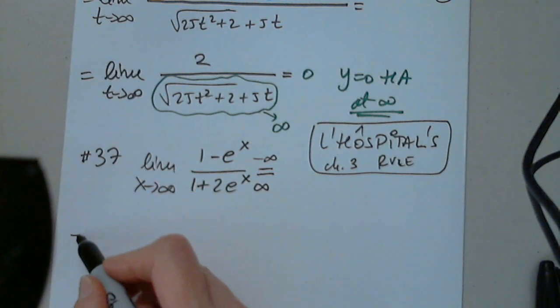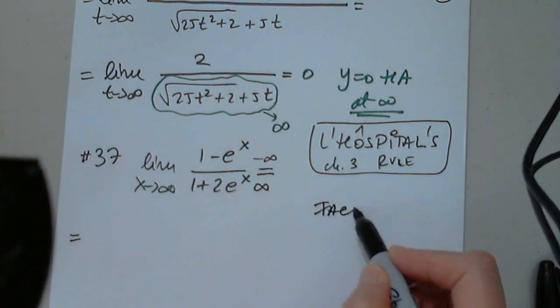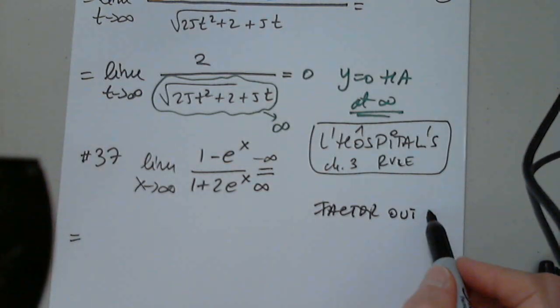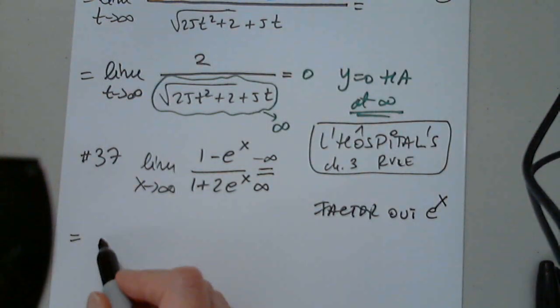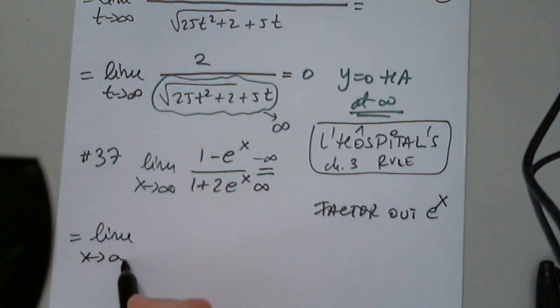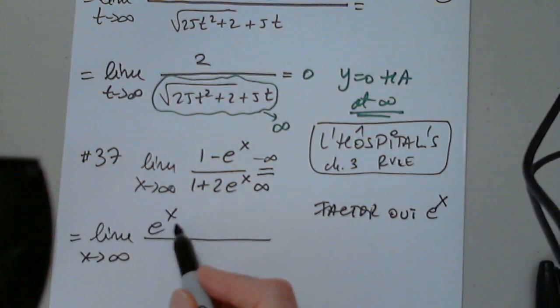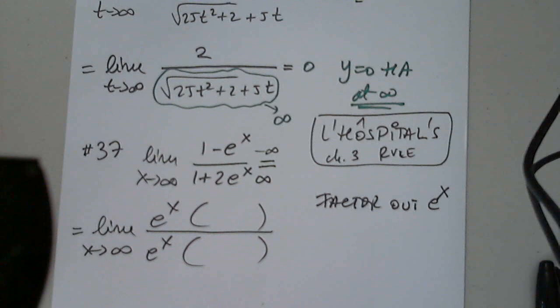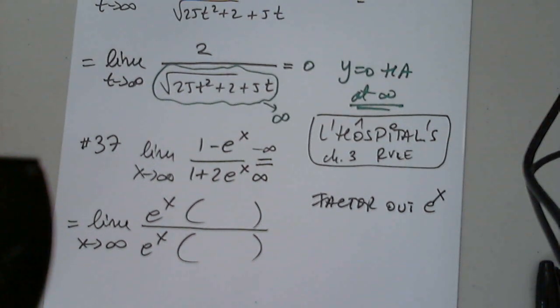So in this particular case, we will factor out, I cannot say the degree, but we will factor out e to the x. Because I cannot say the degree, these are not polynomial functions. So what is left in the numerator? 1 over e to the x.